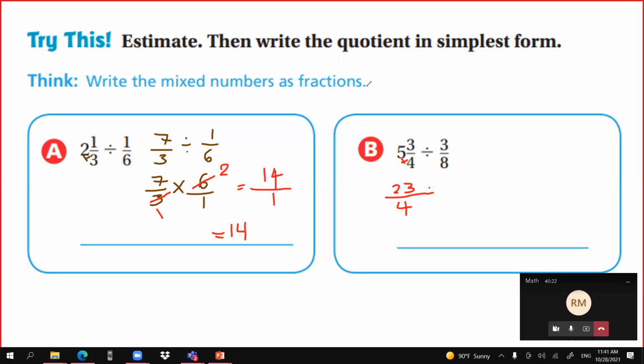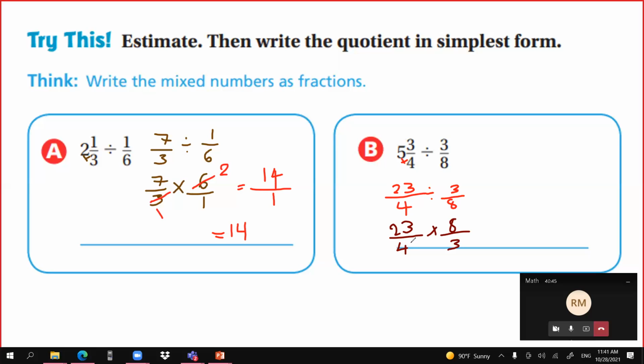Bravo. Divided by. Bravo. Then next. Now we will keep, change. It will be 23 multiplied. Yeah. Keep, divide, 8 over 3. Okay. Then next.